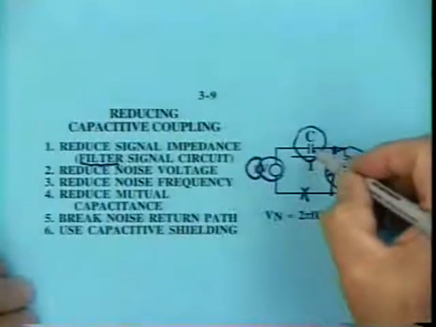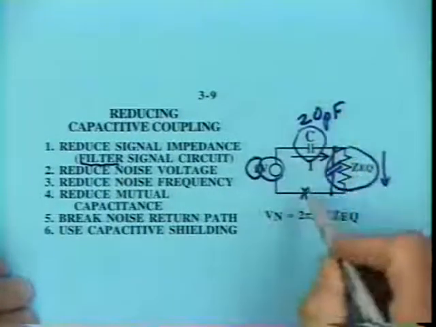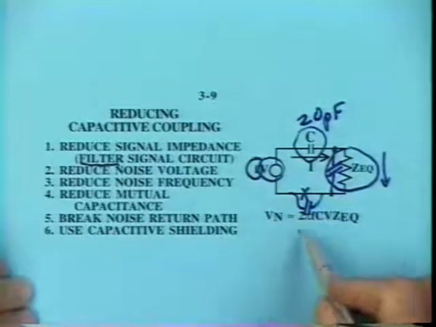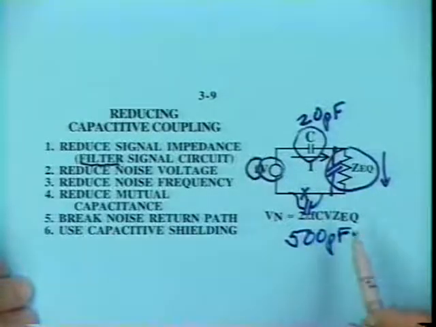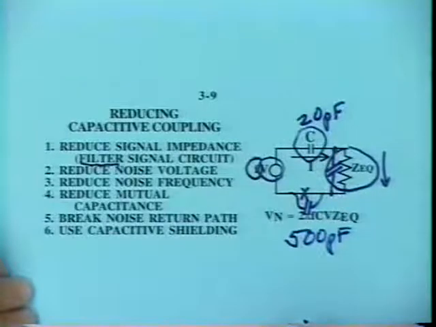For example, going back to the circuit, let's say this capacitance here was 20 picofarads. Let's say when we break this circuit apart, we get a capacitance here that's 500 picofarads. Well, 500 picofarads in series with 20 is still a short circuit, isn't it?